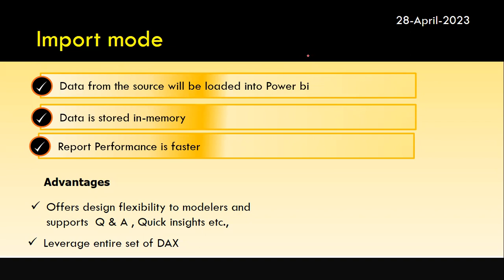Okay, one second. xVelocity engine. When you use the import connectivity mode, this one comes into the picture. It's all part and parcel of your Power BI software. When you download and install your Power BI Desktop, this one will also get installed. Okay, it's a piece of software.